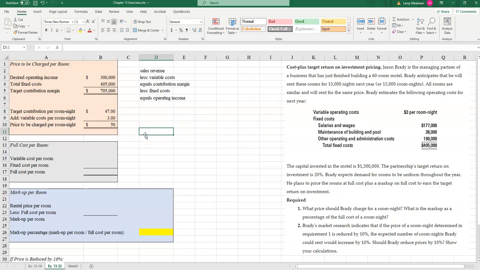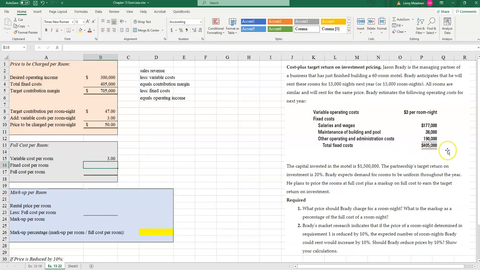So now let's take a look at the full cost per room. We already know our operating income and everything, but now let's look at the total full cost per room. Well, I already know from the problem that my variable costs are $3 per room. And how much are my fixed costs per room?